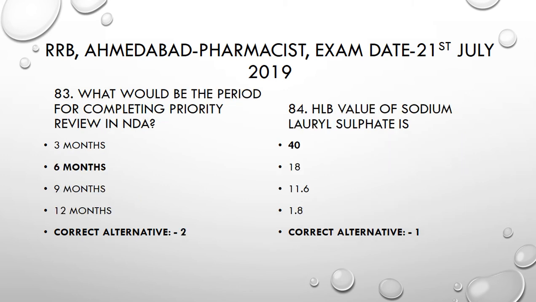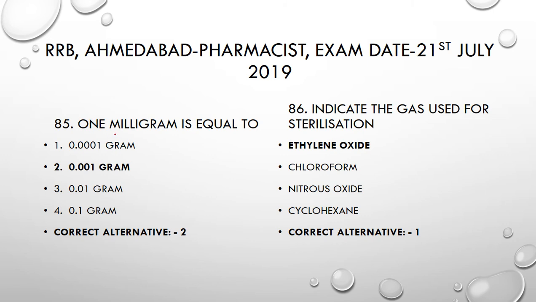What would be the period for completing priority review in NDA? That is 6 months. HLB value of sodium lauryl sulfate SLS is 40. 1 milligram is equal to 0.001 gram. Indicate the gas used for sterilization, ethylene oxide.